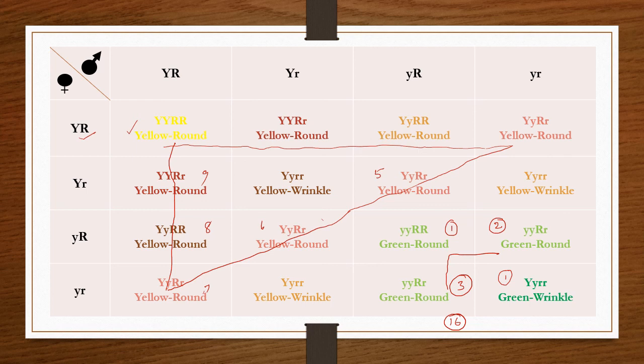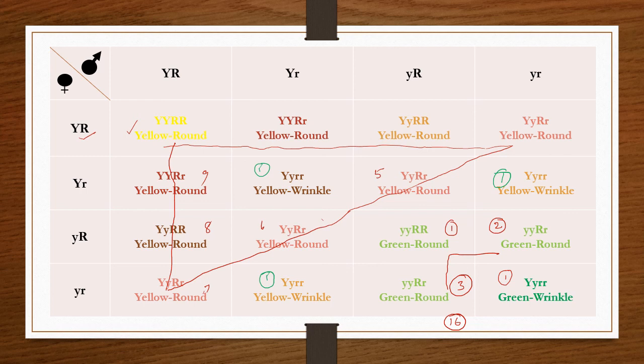And again there are another 3 plants, that is yellow wrinkled, here 1 and here 1 and here 1. Yellow wrinkled plants are 3, green round 3, green wrinkled 1, yellow round 9, total 16.